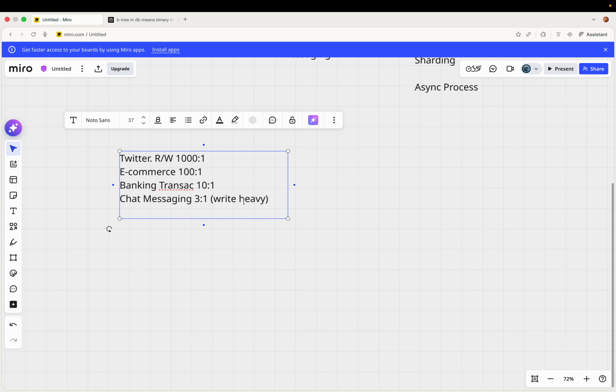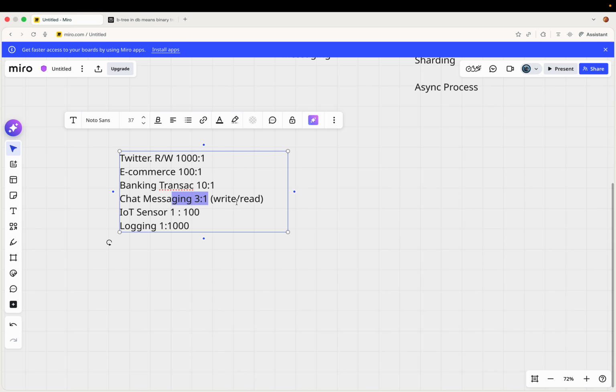So here both read and write are optimized for both. IoT sensor data is obviously write heavy. So read to write will be 1:100. And if you say logging system, yeah, you are right, 1:1000.